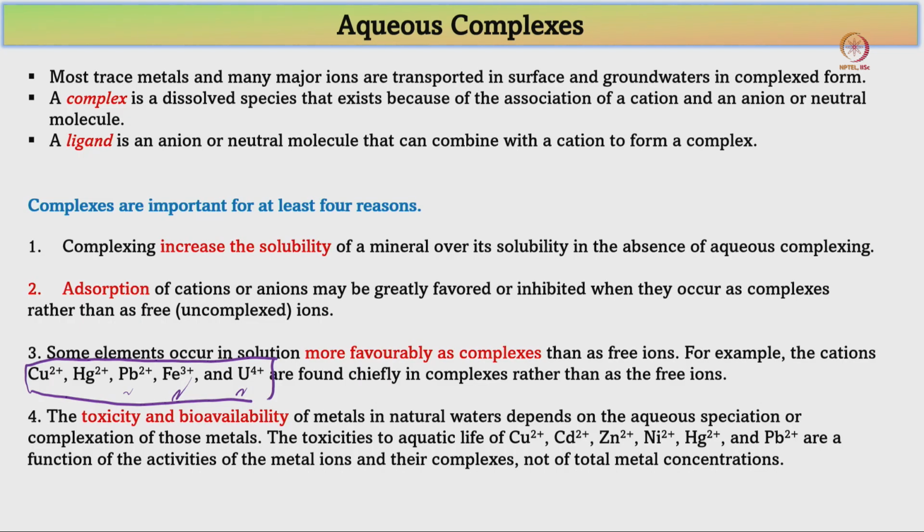Now, when we are doing water quality studies and we are trying to find out how a particular element concentration can affect the biota or any particular aquatic species that you are considering, say a fish species, then what we need to calculate from the total concentration is their bioavailable concentration.